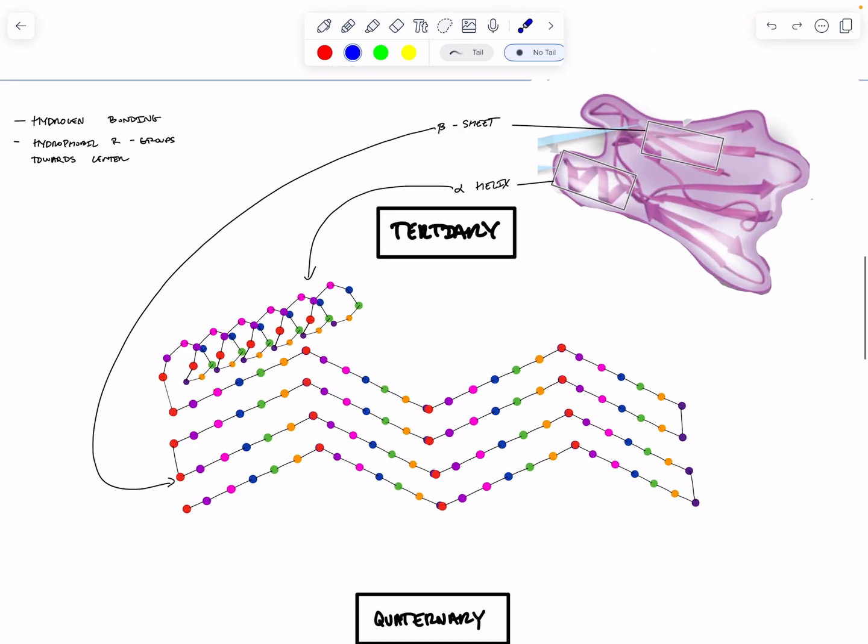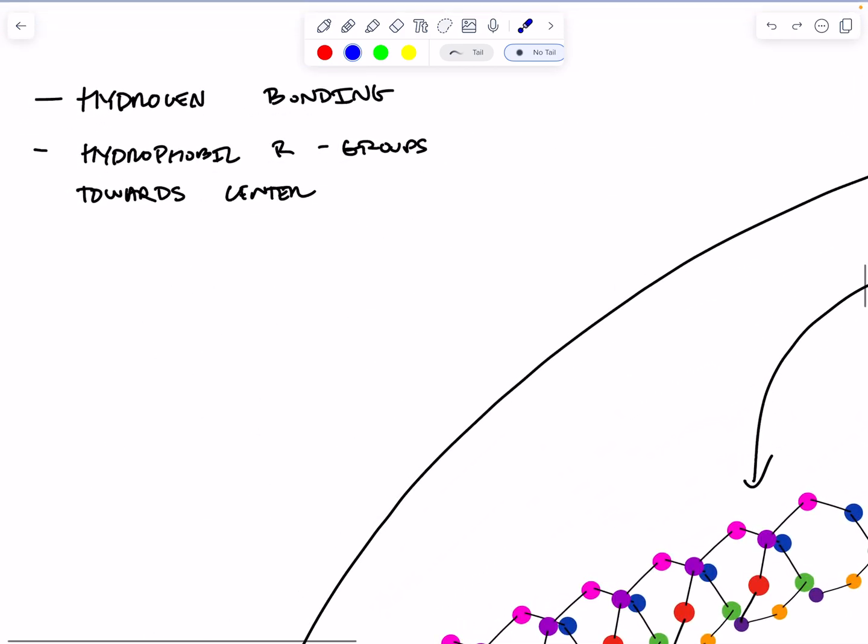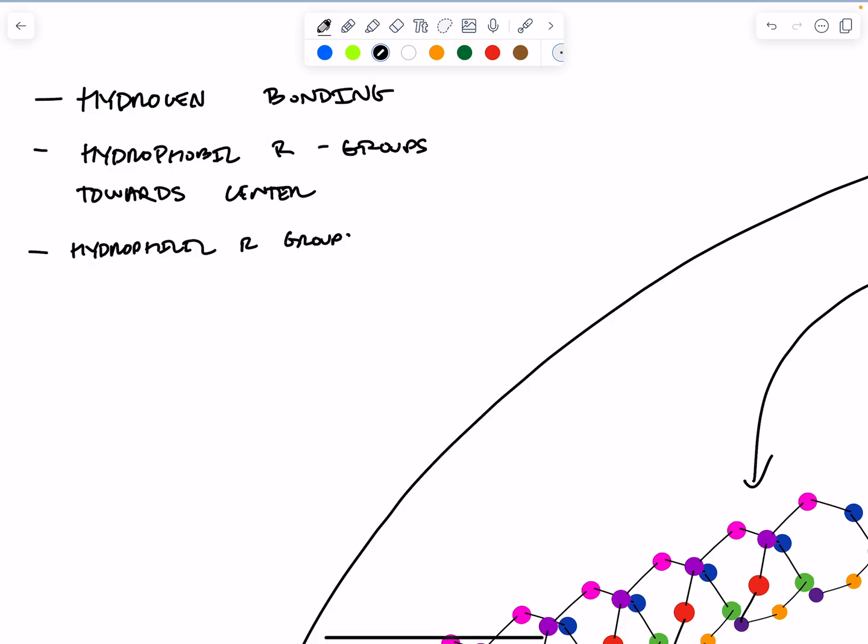So that means in the center of this protein, there are probably going to be some amino acids that are very non-polar. And then our hydrophilic and polar side chains are going to face out.